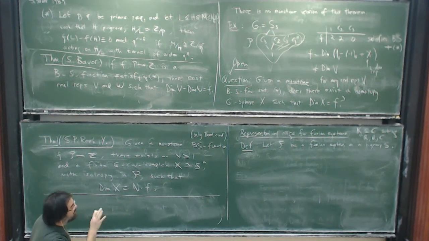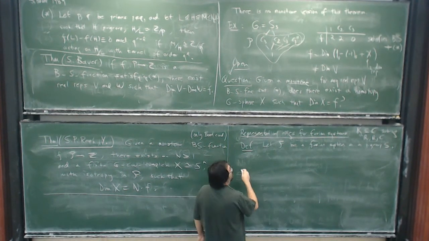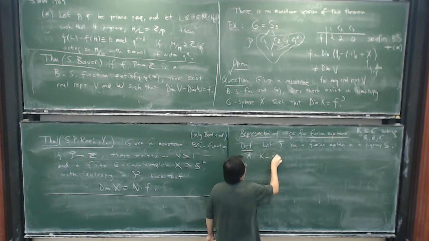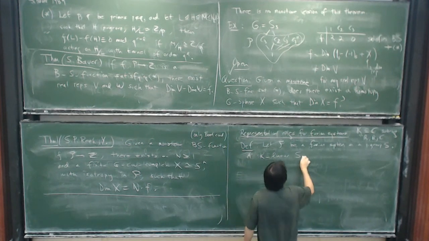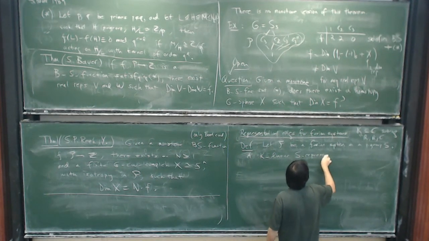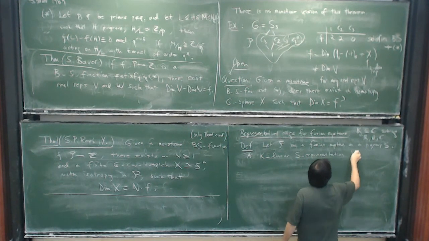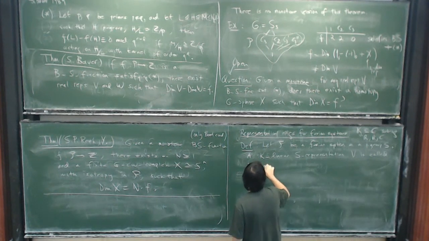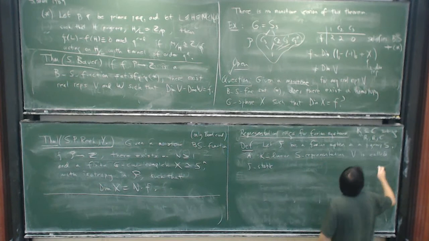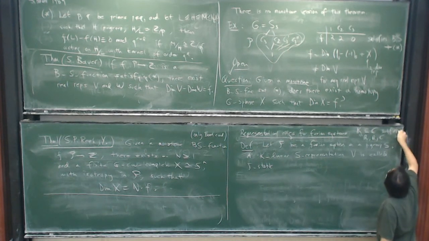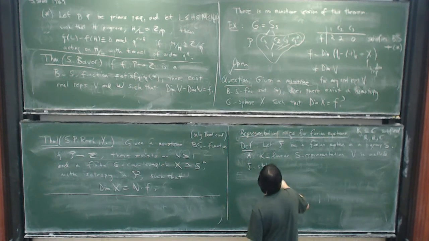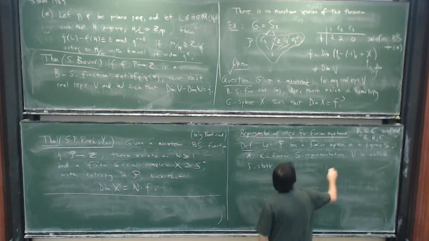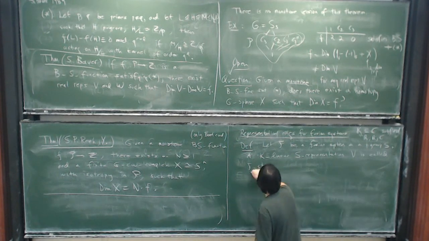So K is either R, C, or Q. So K linear S representation, V is called F stable. You mean a ring or subfield? Subfield, I guess. I hesitated on that, but yes, we just wanted the field. Everything will be subfield. I just want these 3, but I think it's subfield.